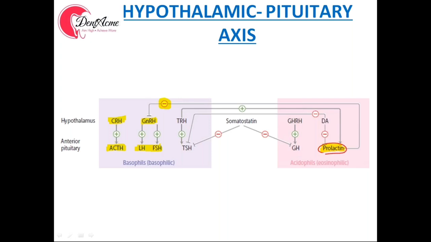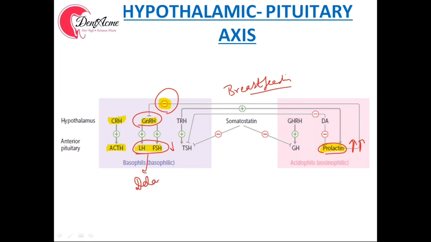This is the reason that during breastfeeding, prolactin is increased, which inhibits the release of gonadotrophin releasing hormone from the hypothalamus, and thus it leads to a decrease in levels of LH and FSH, which leads to delayed postpartum ovulation, also known as lactational amenorrhea.